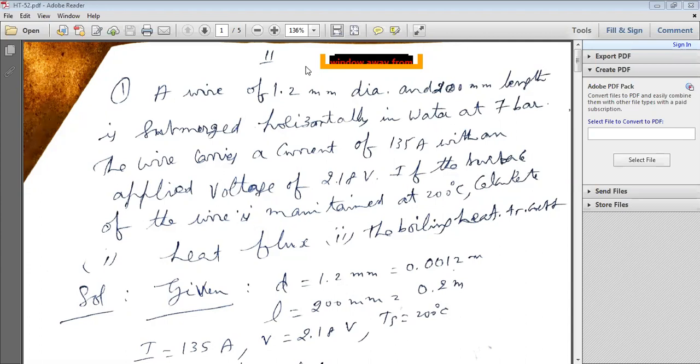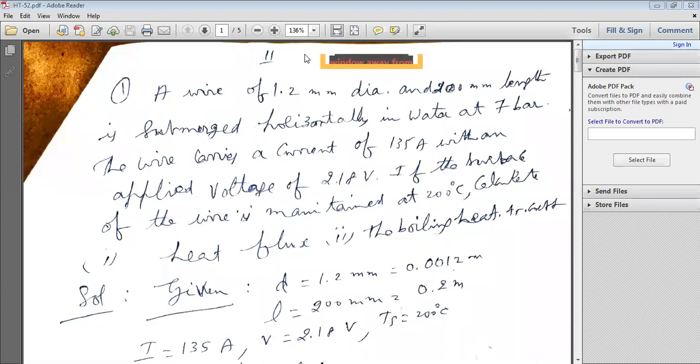So how does the boiling curve vary? Initially, when the temperature difference is low, that is free convection boiling. As the excess temperature increases, heat flux increases and reaches a maximum, and the maximum heat flux is known as critical heat flux.